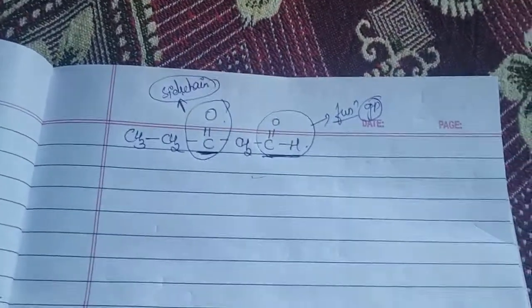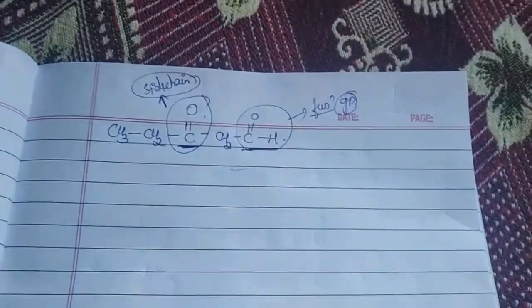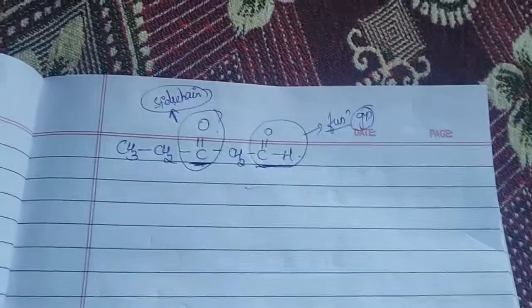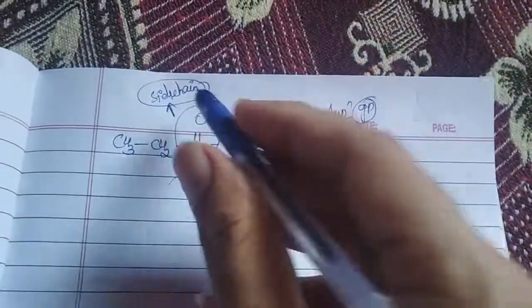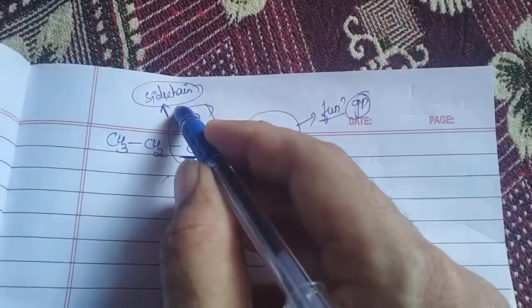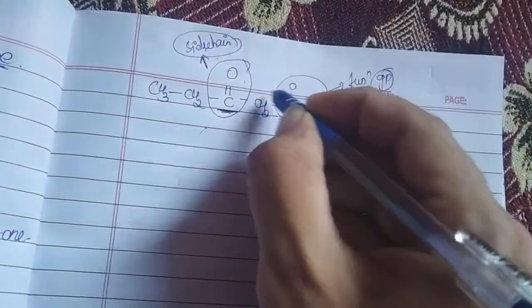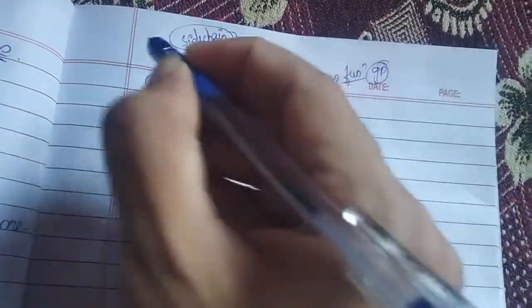So when the functional group acts as a side chain, it has another name itself. When your ketone was acting as a functional group, we used the keyword "one". But now when it is acting as a side chain, it will have the keyword "oxo". In your first PUC, we have dealt with it. Now from where are you going to number: 1, 2, 3, 4, 5.